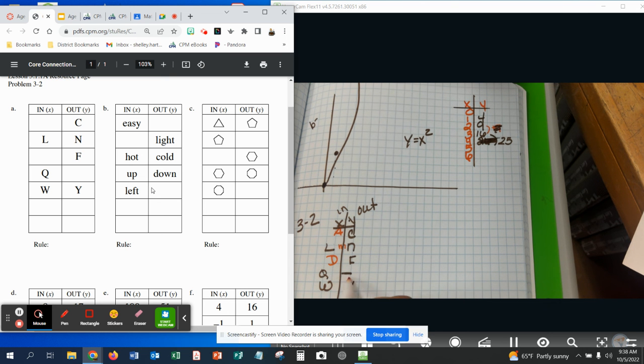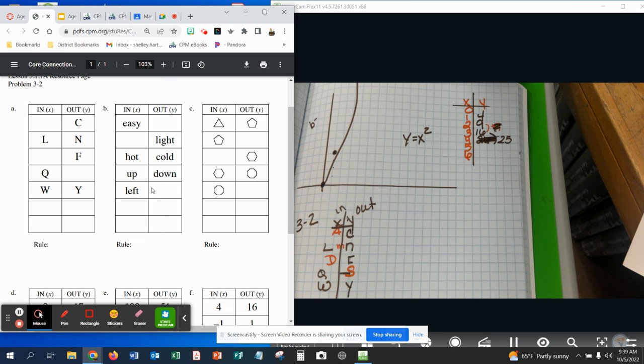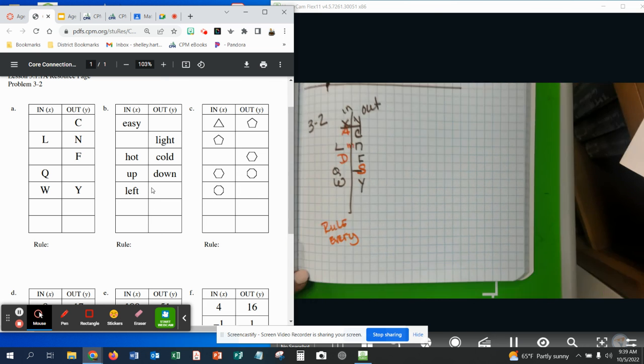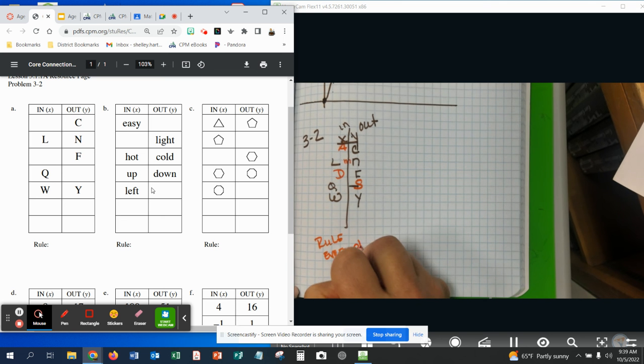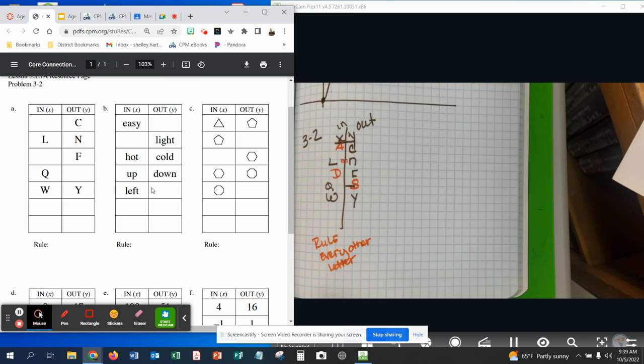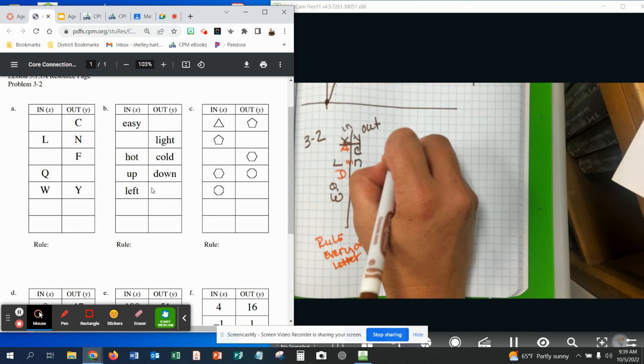Yes, good. So our rule would be like every other one, right? Every other letter. Okay. Now, let's do B.